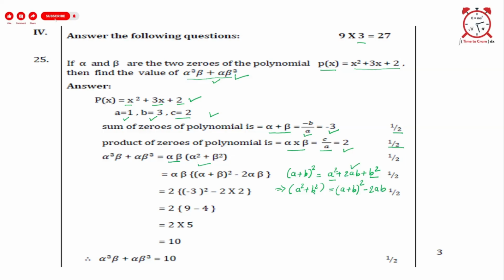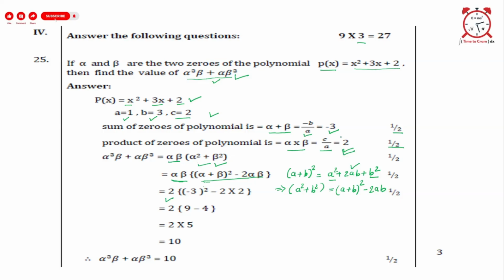This use of the identity we are going to use here in place of alpha square plus beta square. You pause the video, understand this first properly, how this identity is modified here, then continue the video again. So the value of alpha into beta, already we found 2, this we kept here.